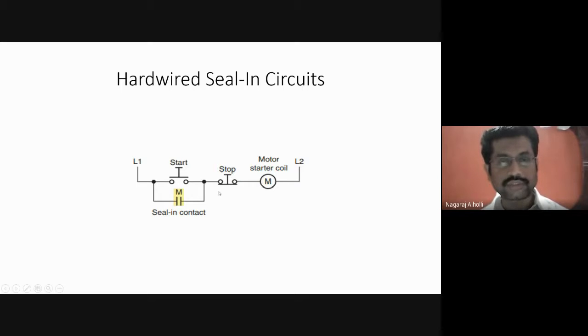Only when both are energized do both become true, the rung becomes true, and the motor coil will be energized.